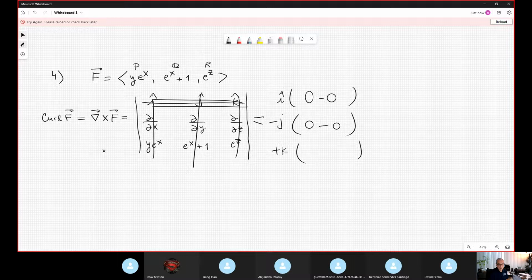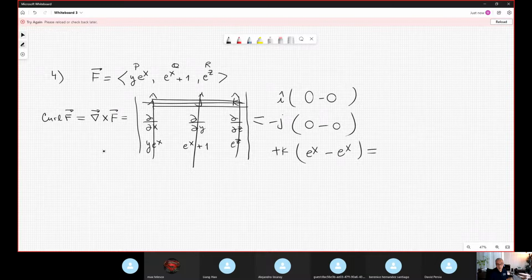The partial derivative with respect to x is just e to the x, the same function. Because the partial derivative of 1 is 0, and the partial derivative with respect to y is 0. Again, it's 0, because this is equal to 0.